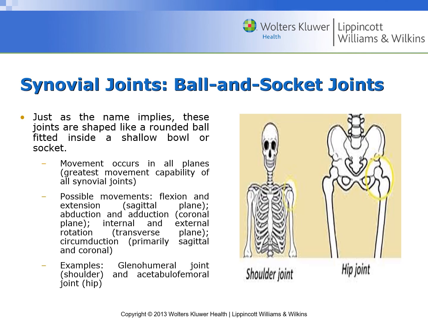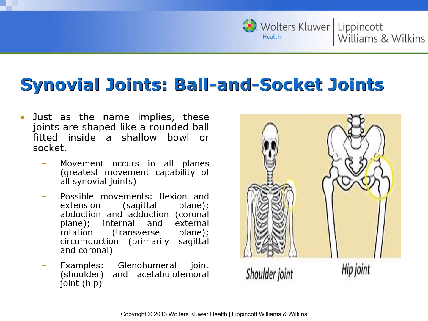The possible movements are flexion and extension, which occur in the sagittal plane, abduction and adduction, which occur in the coronal plane, and internal and external rotation, which occurs in the transverse plane. Circumduction, which is also possible in ball and socket joints, primarily occurs within the sagittal and coronal planes.